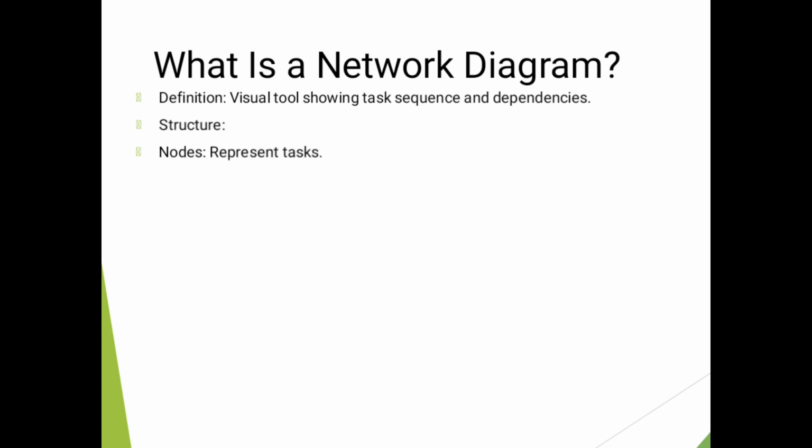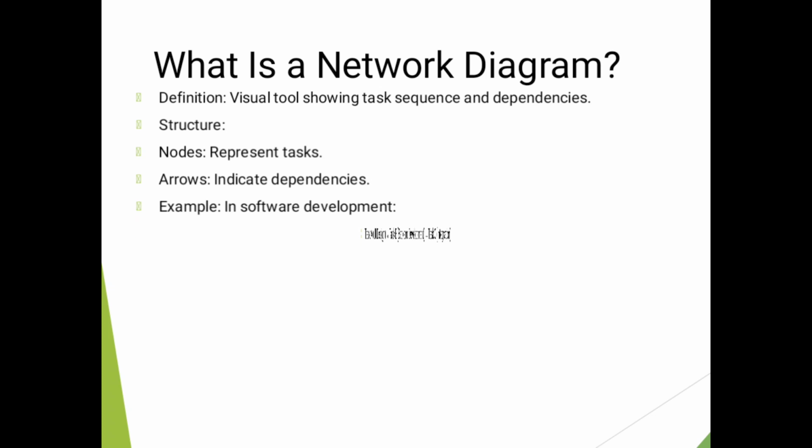Number one, we have nodes. These represent tasks, and they can be circles or rectangular shapes. Next, you have arrows. Those arrows denote dependencies, how those tasks depend on each other.